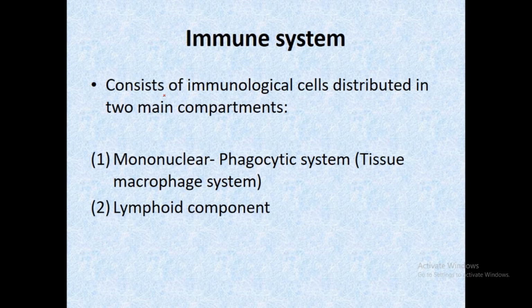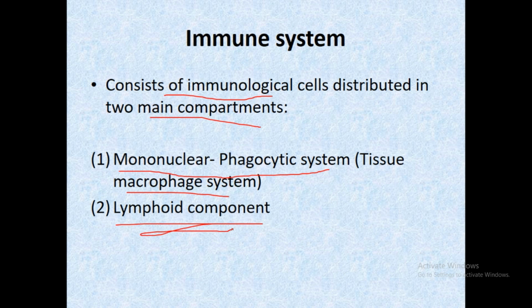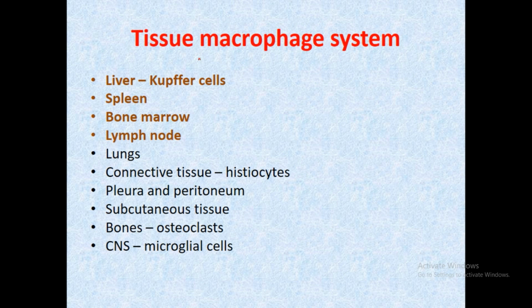The immune system consists of immunological cells distributed in two main compartments: the mononuclear phagocytic system, also known as the tissue macrophage system, and second, the lymphoid component. First of all, the tissue macrophage system. Just remember which cells are known as macrophages. Whenever the monocyte is circulating inside the blood vessel, the cell is known as a monocyte.